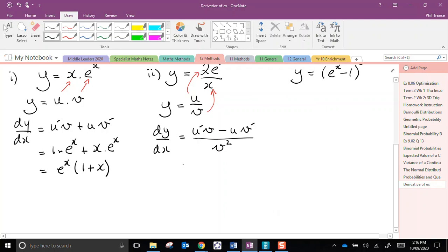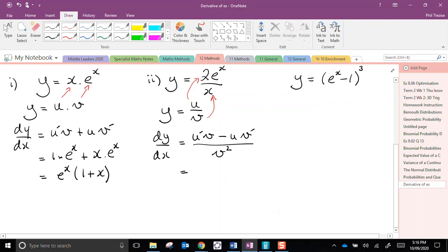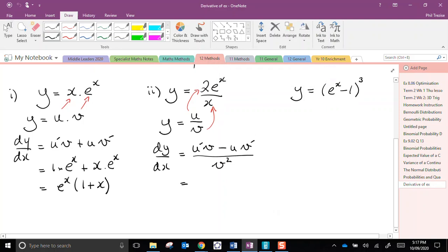So let's go through the steps. U dashed is the derivative of the numerator. So a constant multiplied by e to the x. So the constant 2 is still there, and the derivative of e to the x is e to the x. Multiplied by v, which is x. Now I subtract u, which is 2 e to the x, multiplied by v dashed, the derivative of x, which is 1.